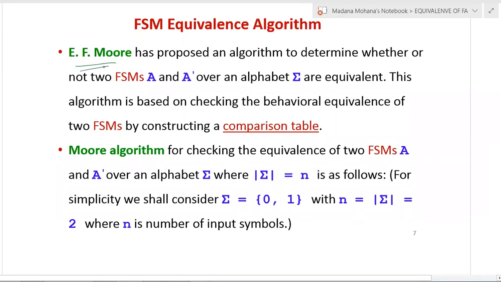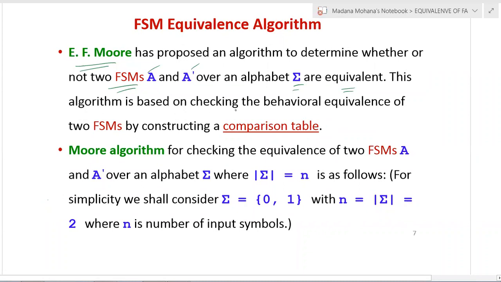E.F. Moore proposed an algorithm to determine whether or not two FSMs, let us say A and A dash, over an alphabet sigma are equivalent.